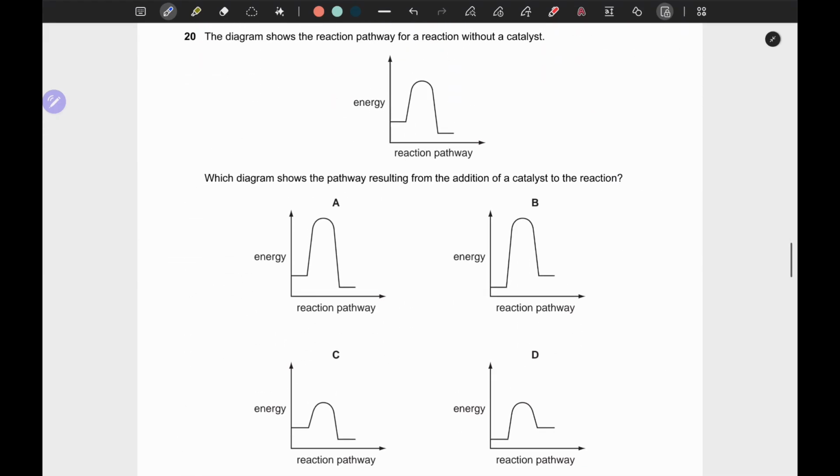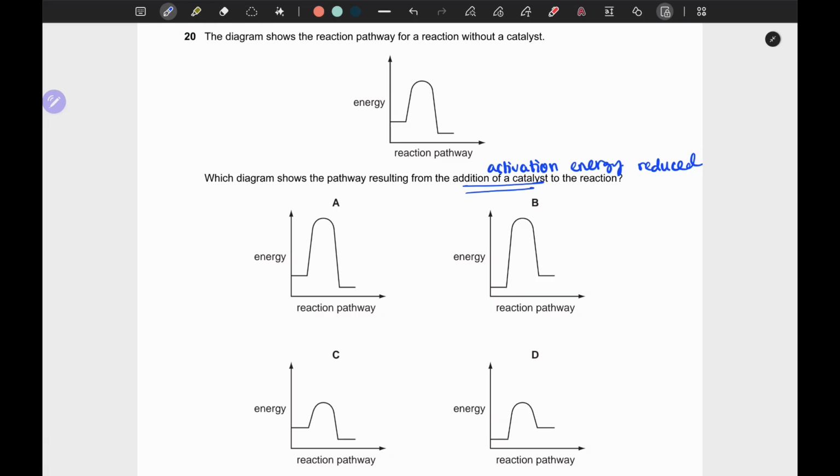Moving on to question number 20, the diagram shows the reaction pathway for a reaction without a catalyst. Which diagram shows the pathway resulting from the addition of a catalyst to the reaction? So when we add a catalyst to the reaction, the only change that is made is the activation energy is reduced. So activation energy is reduced, and this is due to an alternative mechanism.